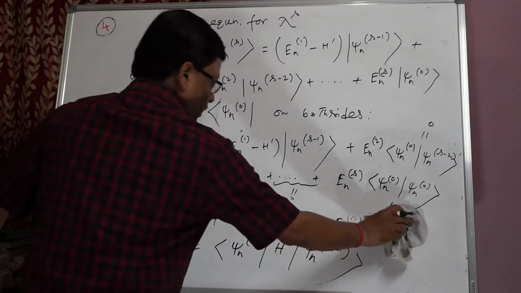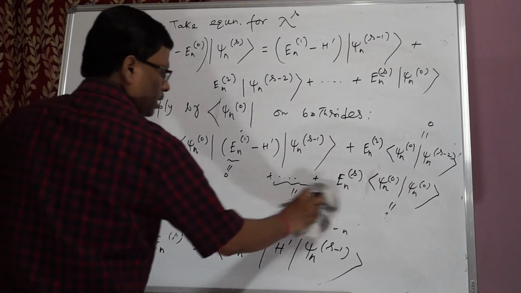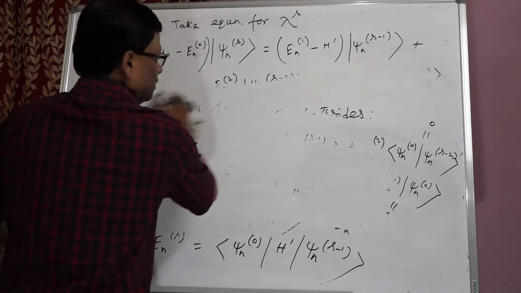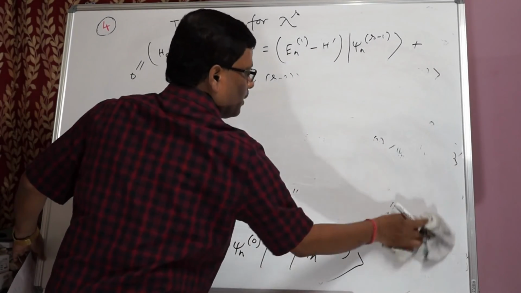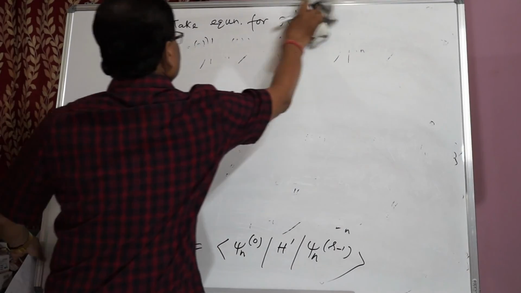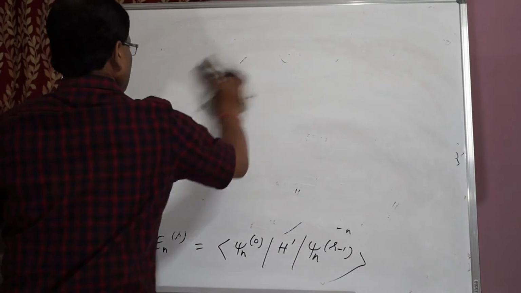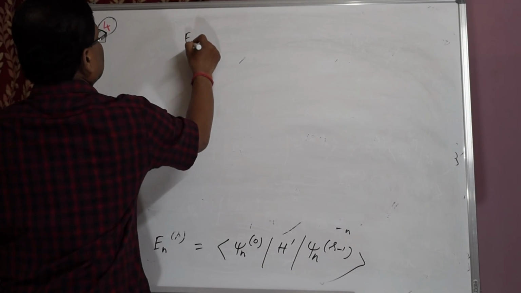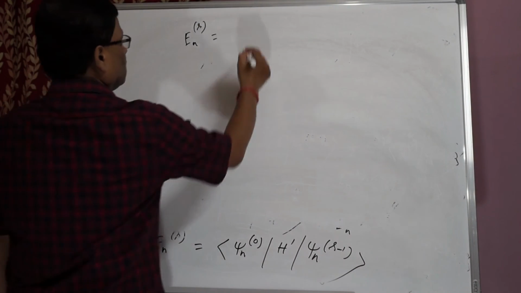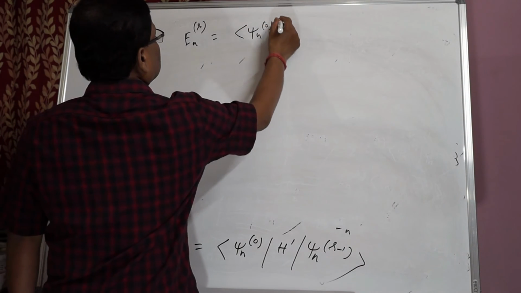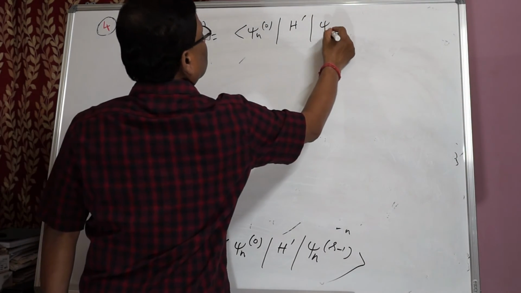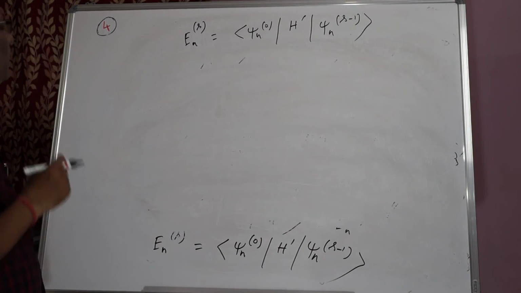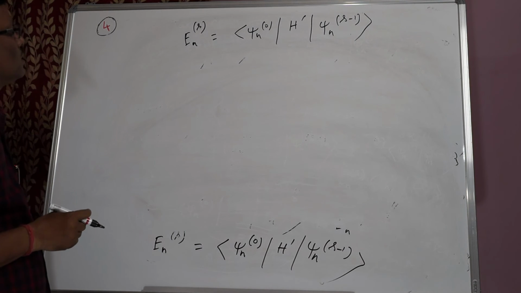So finally we get the s-th order correction to the nth energy level due to H prime. So I repeat: E n s is psi n0 H prime psi n s minus 1. So this gives the s-th order correction to the nth energy level due to perturbation H prime.